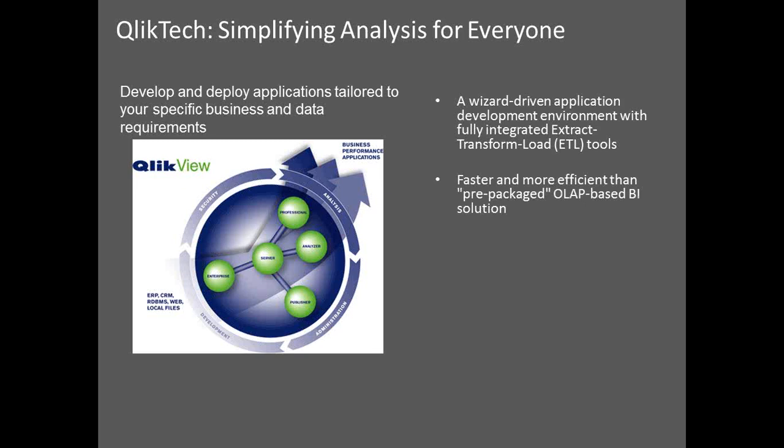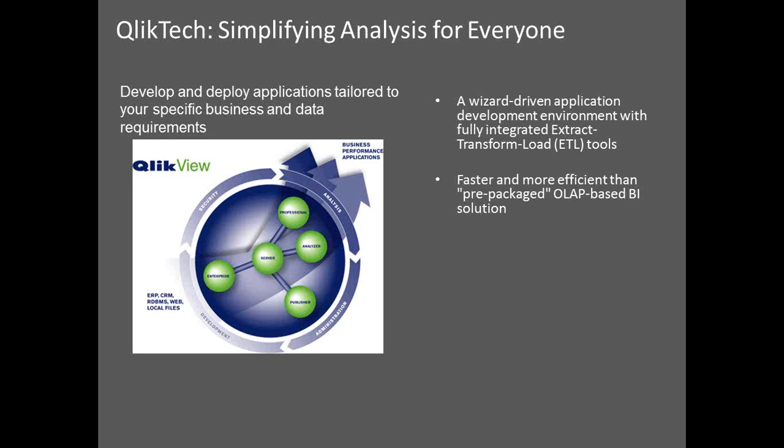The next point that highlights the simplicity of QlikView is that it is faster and more efficient than the prepackaged OLAP-based BI solutions. What happens in OLAP-based BI solutions like Cognos or SSAS is that the OLAP cubes are pre-built, and a lot of times OLAP cubes occupy a lot of space if you aggregate the data at multiple levels.